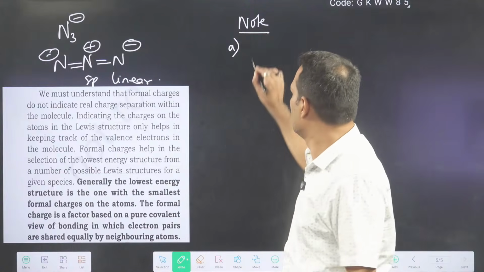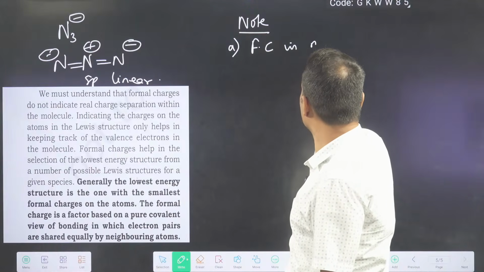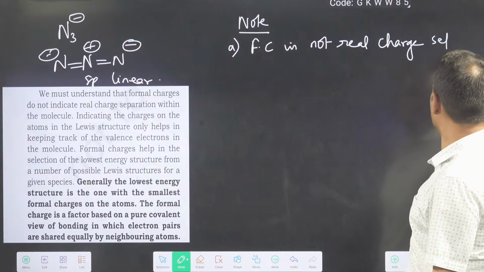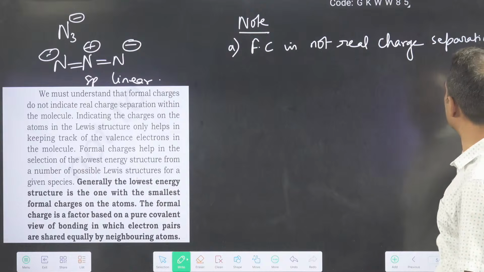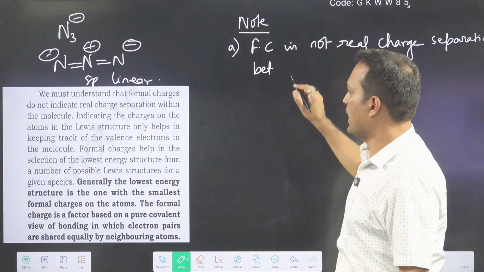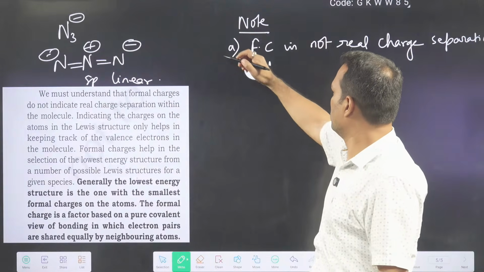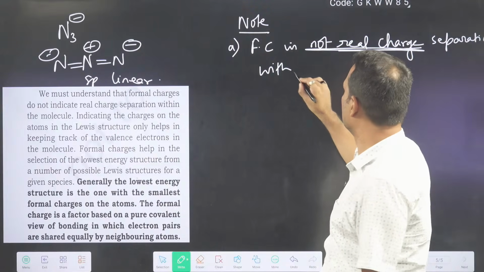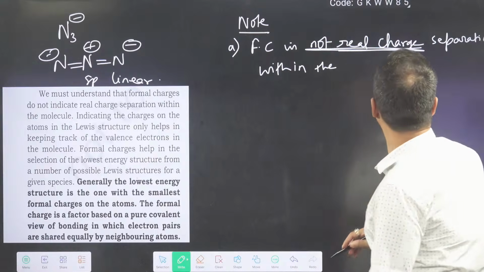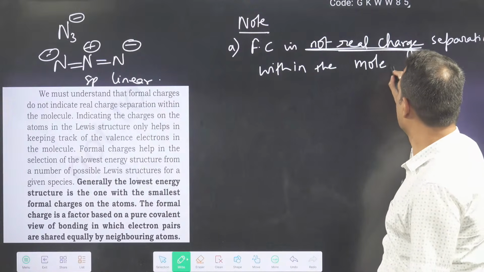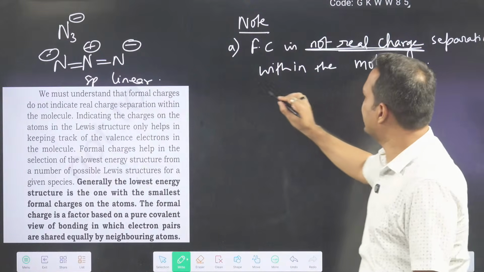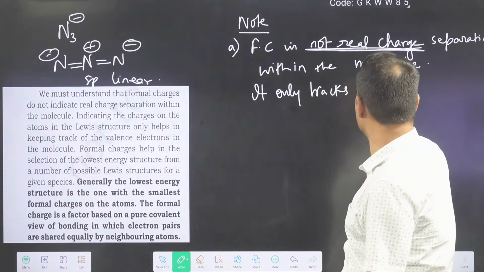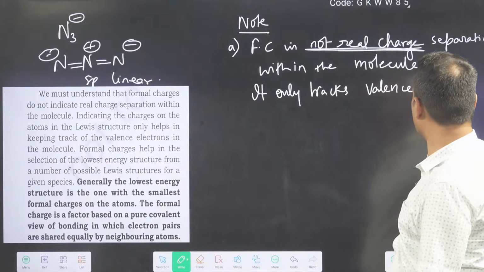You will say no. Formal charge is not real charge separation between the atoms within the molecule. What it shows, it only tracks valence electron.